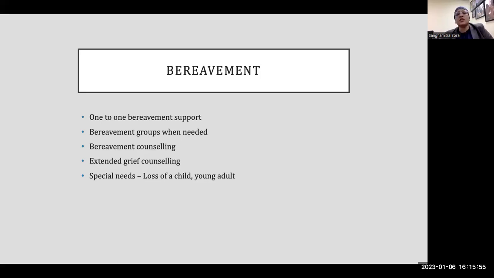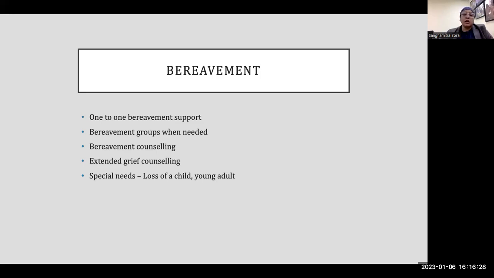It's not much seen in India, but in the West, there are bereavement groups, support groups. Okay. Bereavement counseling is a specialized subject per se, which many people go and specialize in, and they actually dedicate themselves to bereavement counseling. Extended grief counseling is for those people who might need extended support during a loss.